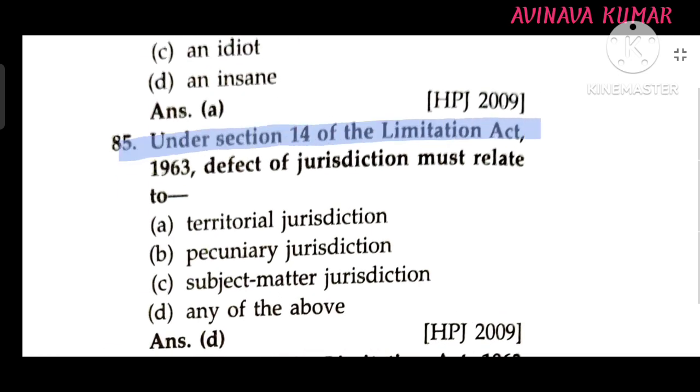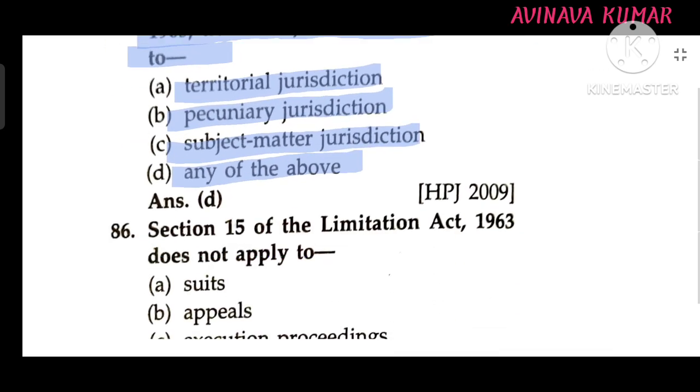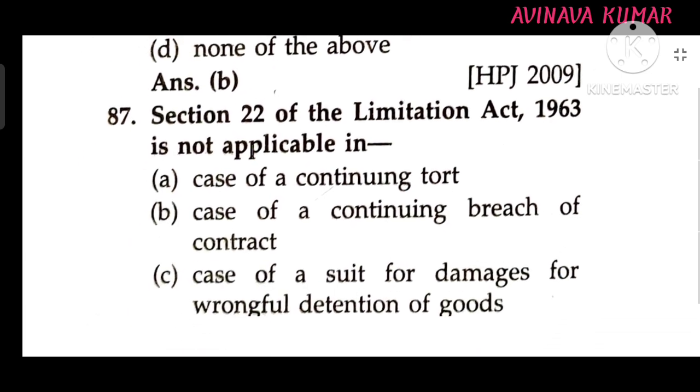Under Section 14 of the Limitation Act 1963, the defect of jurisdiction must relate to territorial jurisdiction, pecuniary jurisdiction, or subject matter jurisdiction. Section 15 of the Limitation Act 1963 does not apply to appeals.